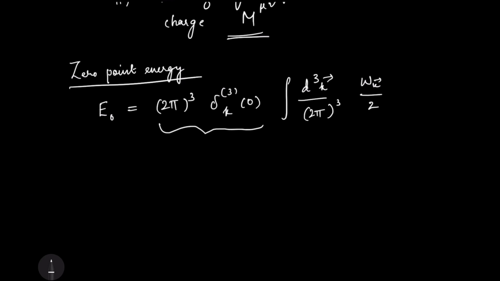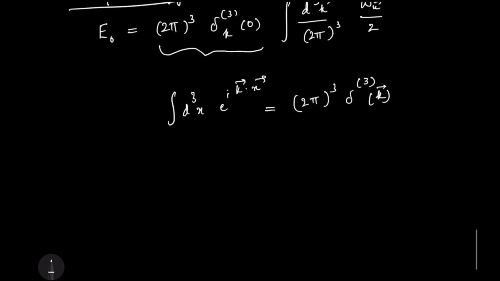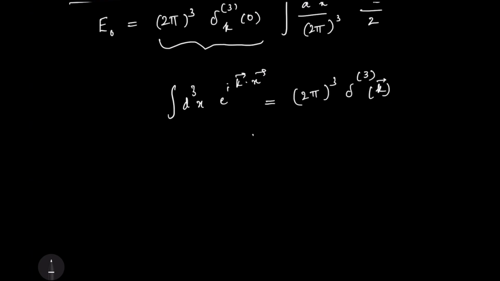To analyze this part, we have to recall the definition of the delta function. So what was the definition of the delta function? Integral d cube x e raised to i k dot x is equal to 2 pi cube del cube of k. So this was the definition of the delta function. Now here we set k equal to 0.